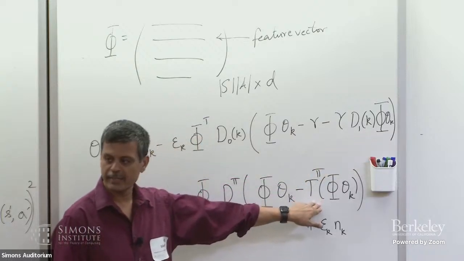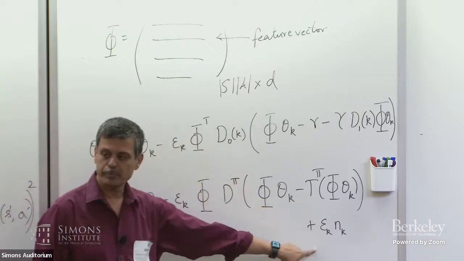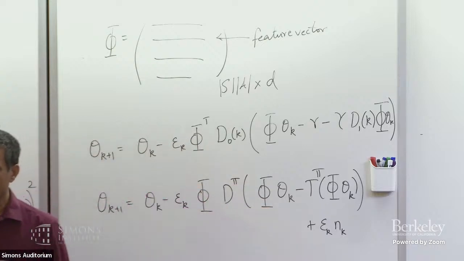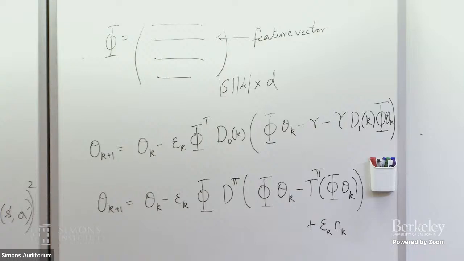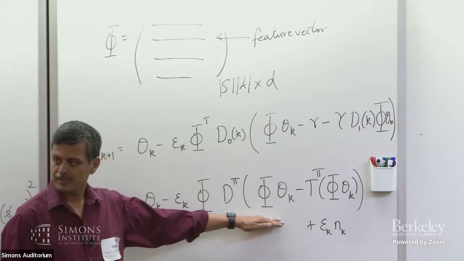So this is just the T pi operator. This is as though there's a deterministic system perturbed by noise. So the noise part of the analysis will be exactly like I told you this morning, as long as we figure out what to do with the deterministic part.